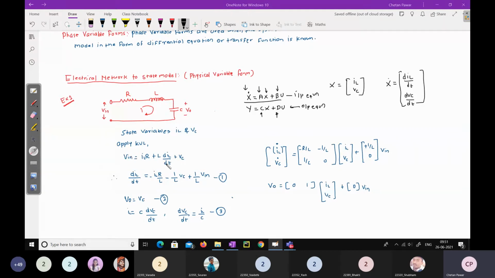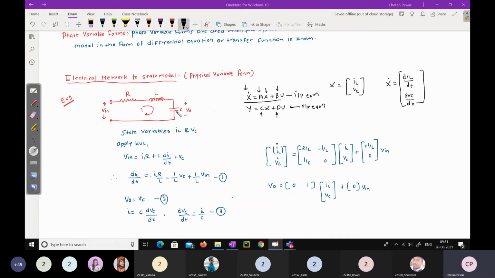If you just modify it, because we need to put it in this form, X bar is equal to AX plus BU, dIL by dt is equal to minus IL into R by L minus 1 by L into Vc plus 1 by L into Vin. We just modified it, applying KVL on the input side.